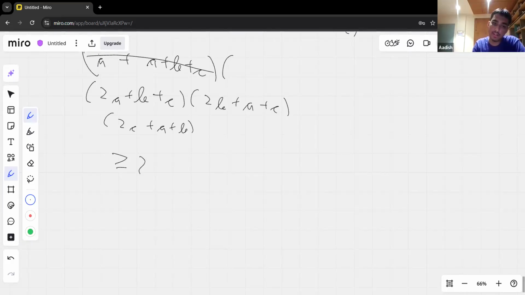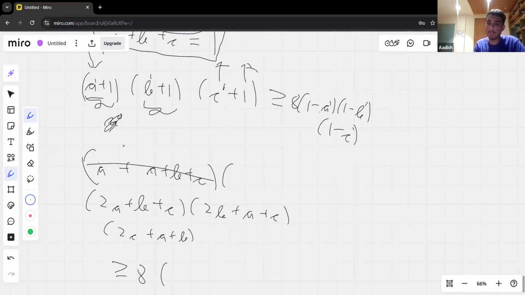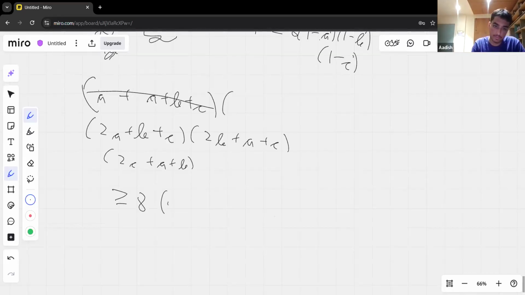And you want to prove this is greater than or equal to, well, you replace 1 by A plus B plus C here. You get this, correct? If you replace 1 by A plus B plus C. And now it's homogeneous.